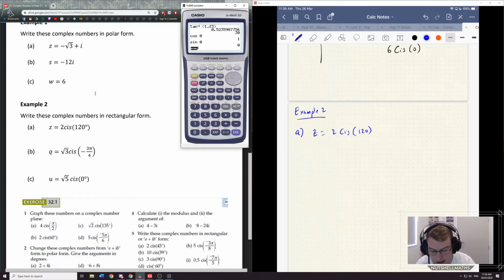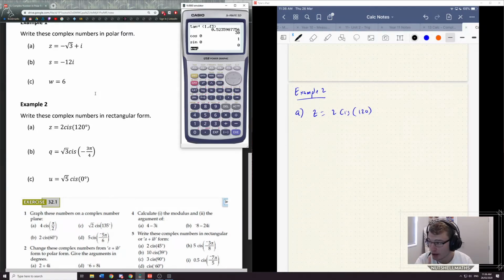Right, focus on this please. This is important. Because we are smart, and you've heard me say it 1,000 times, we're going to draw the diagram first. 2 is the length. 2 is the modulus. So whatever complex number I have, it's always going to have a length of 2.